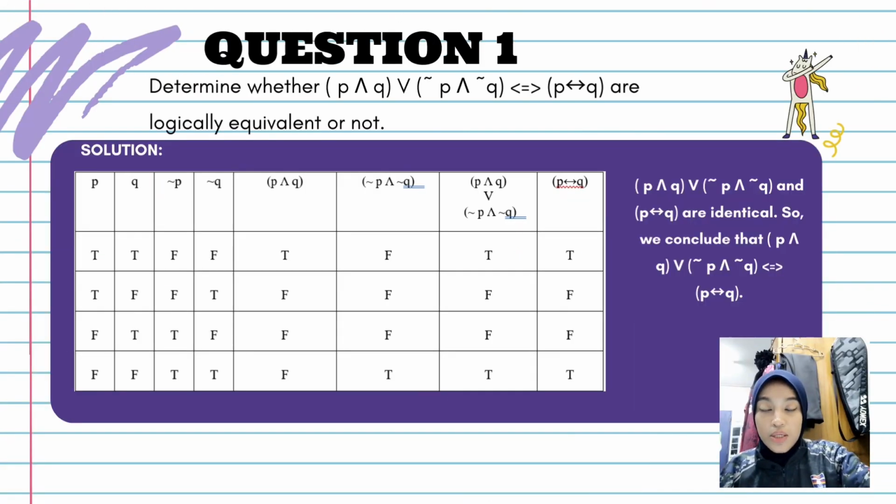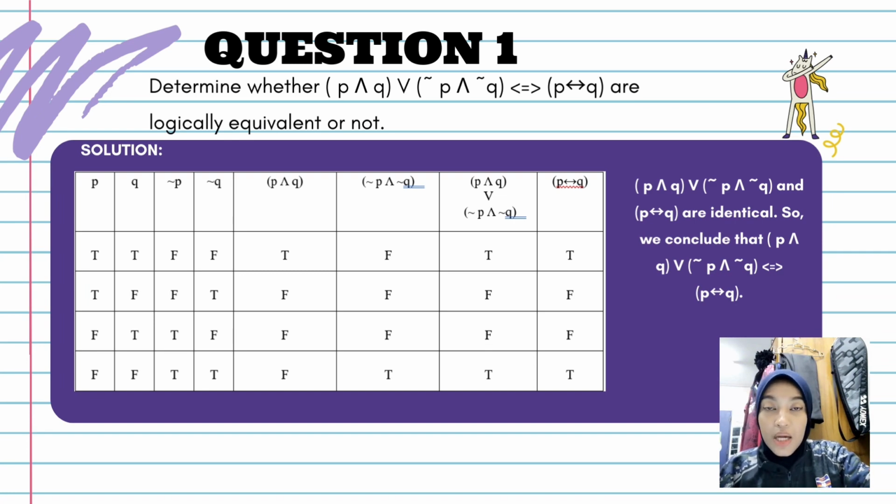Whether P and Q or not P and not Q, and P biconditional Q are logically equivalent or not. So for the truth table, the truth values for P are true, true, false, false, while for Q are true, false, true, false. For not P: false, false, true, true, and for not Q: false, true, false, true. For P and Q: true, false, false, false, and for not P and not Q: false, false, false, true.